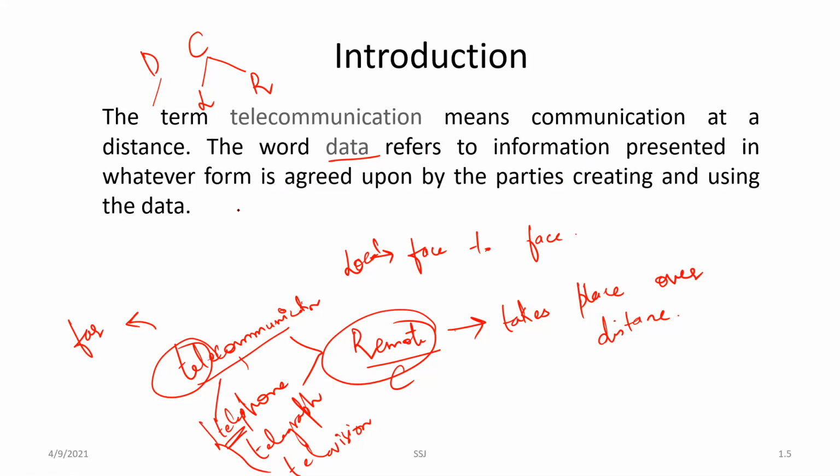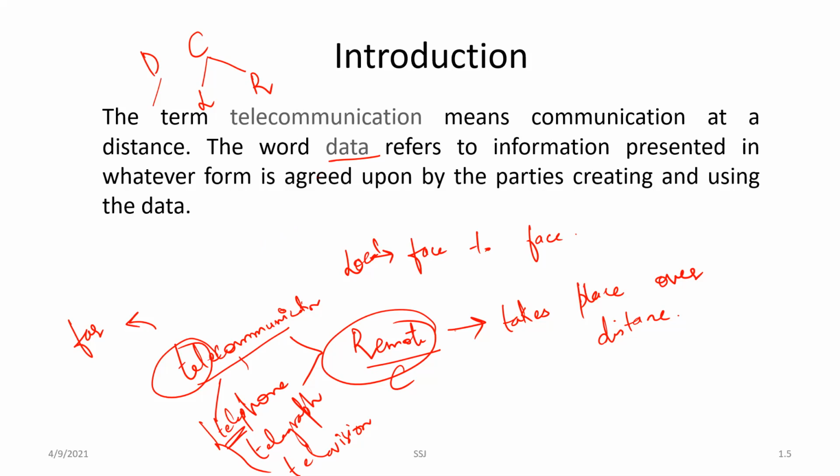Suppose two people are talking, then it is audio data. If two people are communicating over video, then it is visual data. If two people are chatting or messaging each other, then it is textual data.